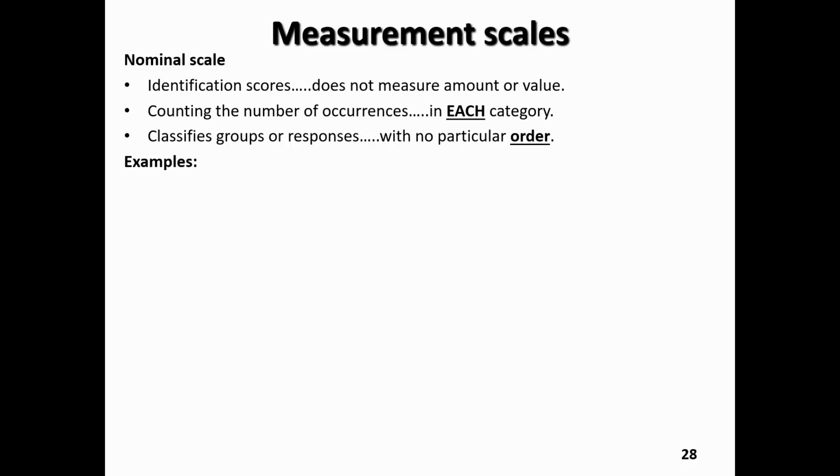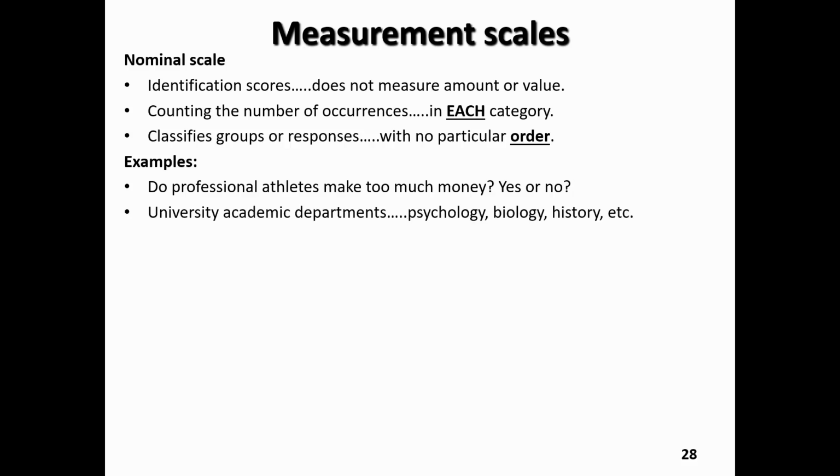If I wish to ask the people in the general public if they felt that professional athletes make too much money, I would pose my question on my questionnaire like this. I would just ask, do professional athletes make too much money? And people would either check a box that says yes or check a box that says no. And as a researcher, I would count how many people said yes, and I would count how many people said no. And so that count is the numerical value of my observation.